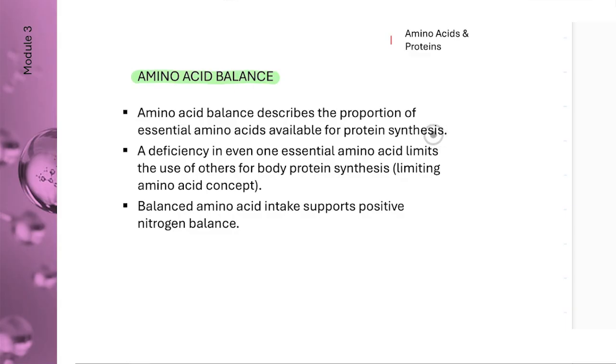The body is constantly making proteins from the amino acids that come from the proteins that we take in our diet. And when a diet is deficient in some essential amino acids, we say that diet is limiting.